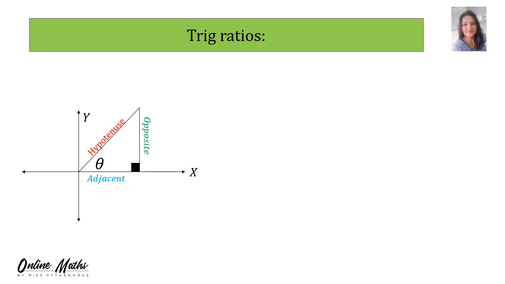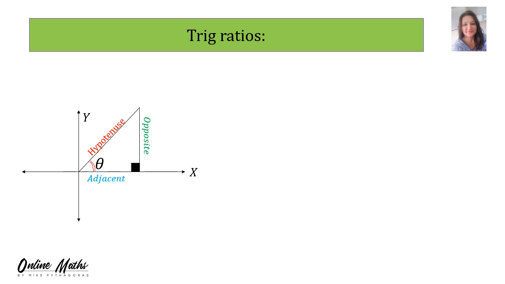Now let's start with the trig ratios. First of all, I have a little sketch for you there, and we say this angle theta is the angle in standard position, and there's a right angle triangle that lives in the first quadrant.